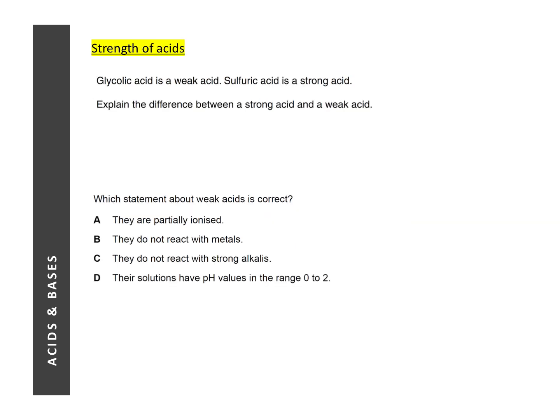The two questions on this page are related to the strength of acids. Before we even look at the question, I just want to point out that the strength of acids and alkalis only depends on one thing, which is the extent or the degree of ionization and nothing else. A strong acid would be one that ionizes fully in water.